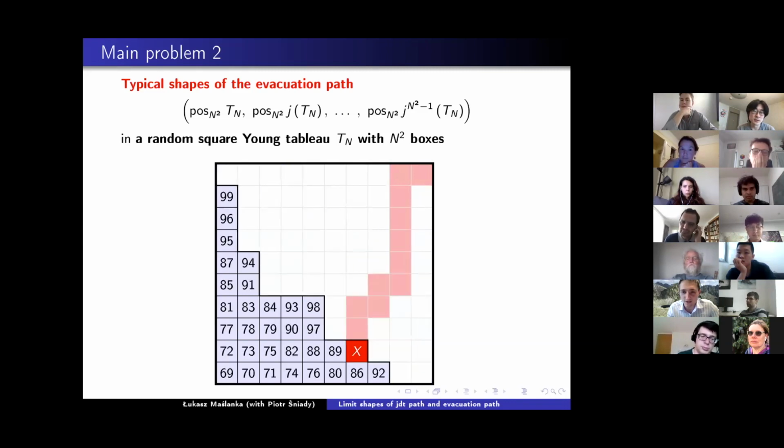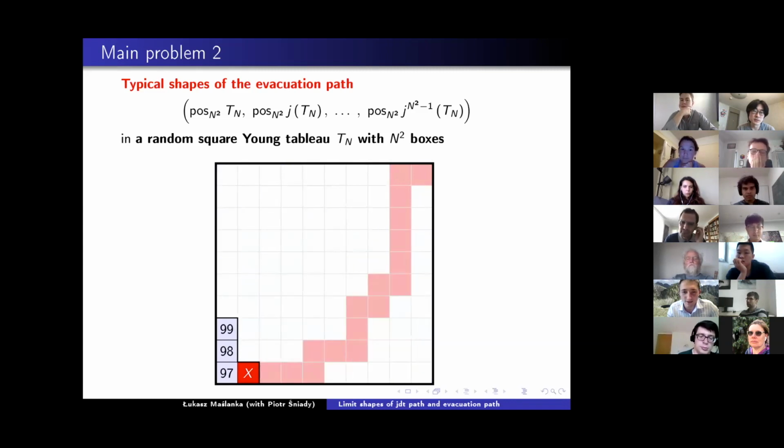And in this way, we get the evacuation path. So it is the process of observing the position of the biggest box, and we are also scaling the evacuation path, so it fits in the square 1 by 1 on the Cartesian plane, and look for the typical shape of it.